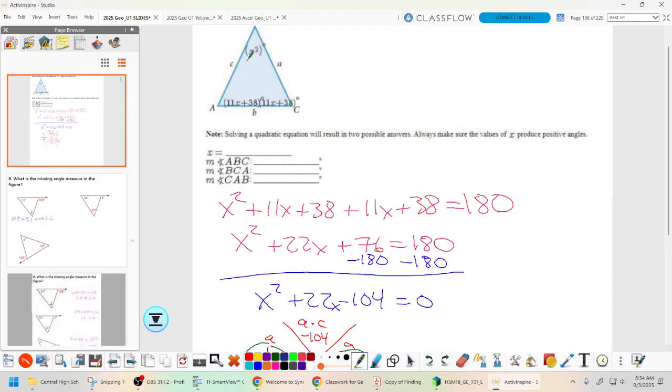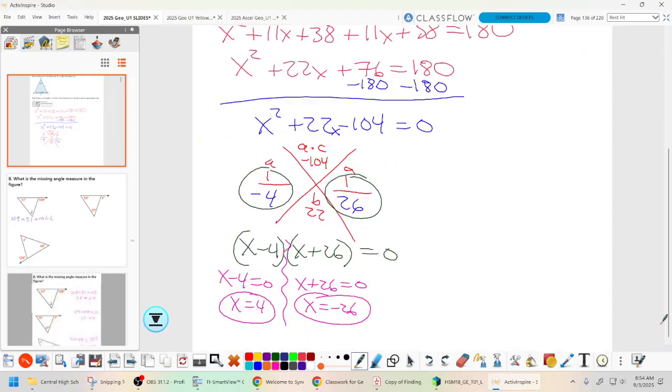And then also down here, if I plug in negative 26, those angles would be negative. So this is not an answer. Kick it out. It makes negative angles. Okay? So even though we got two algebraic answers, they are not both okay geometrically.